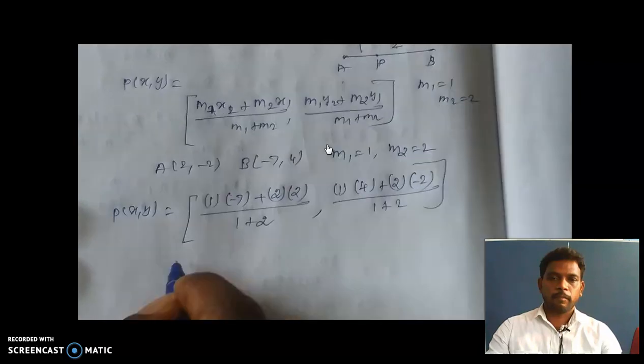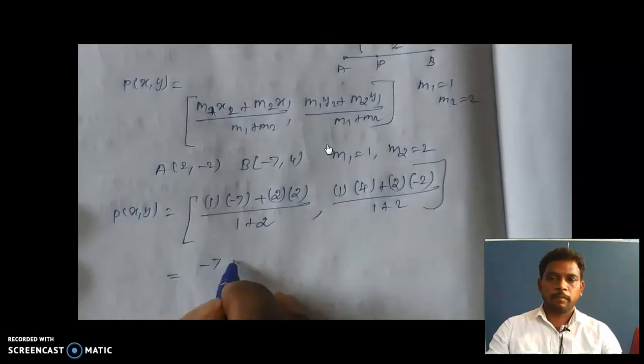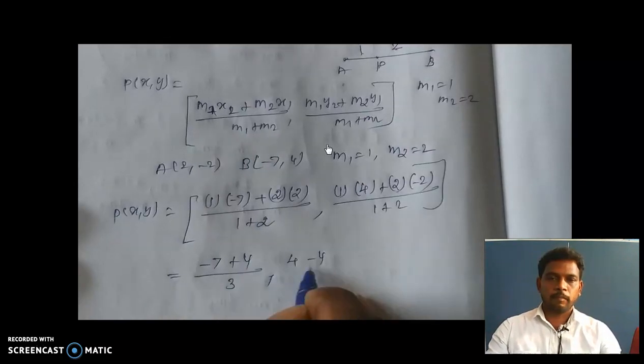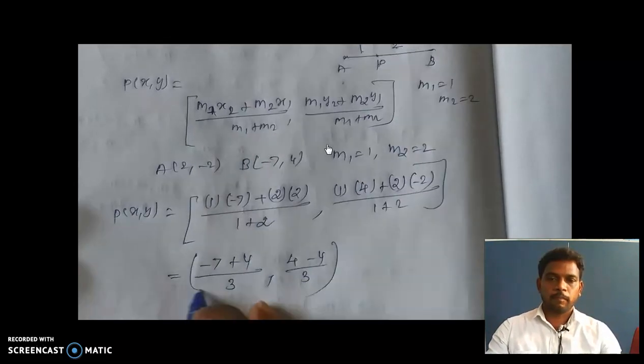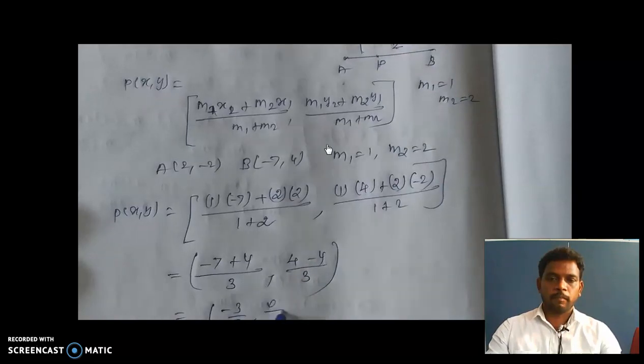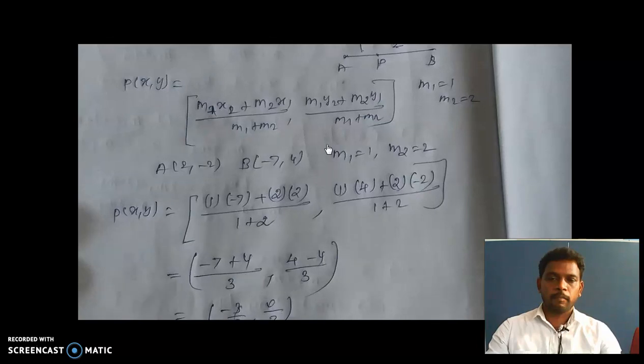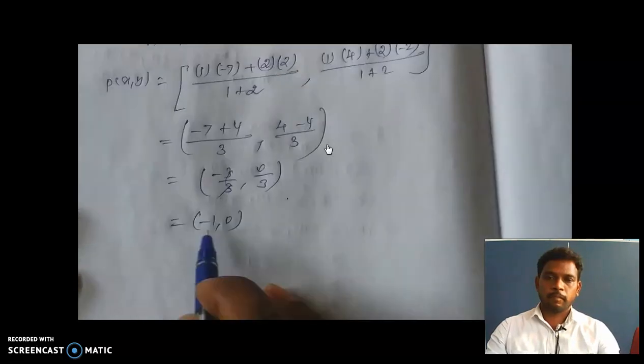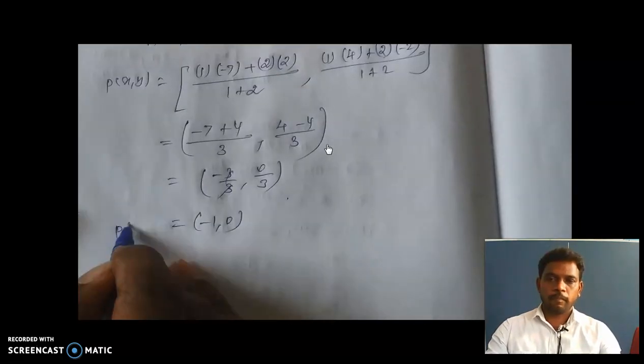So equal to -7 plus 4 divided by 3, comma, 4 minus 4 divided by 3. So equal to -3 by 3, comma 0 by 3. If you simplify, you get -1, 0. So the coordinates of P is -1, 0.